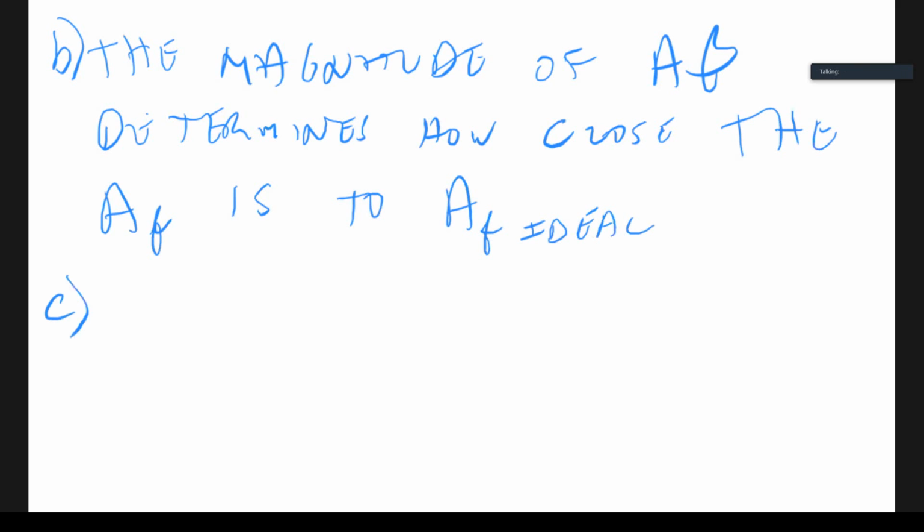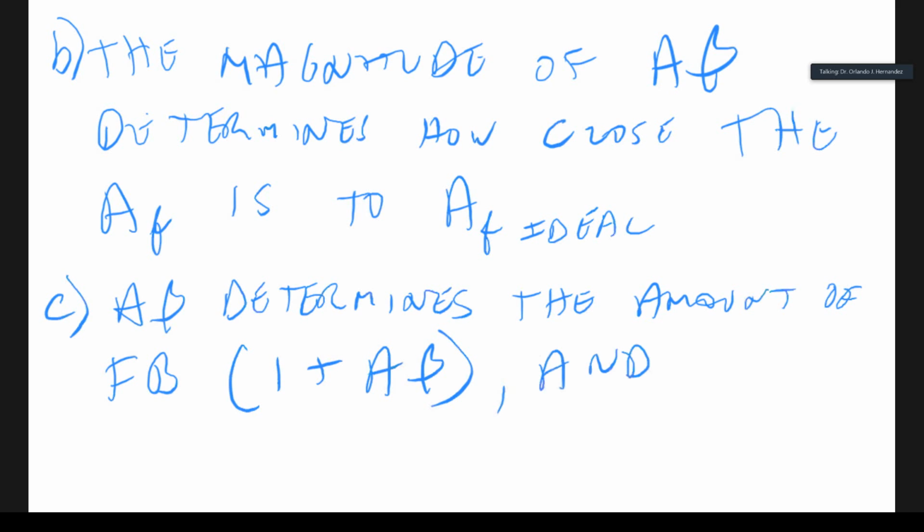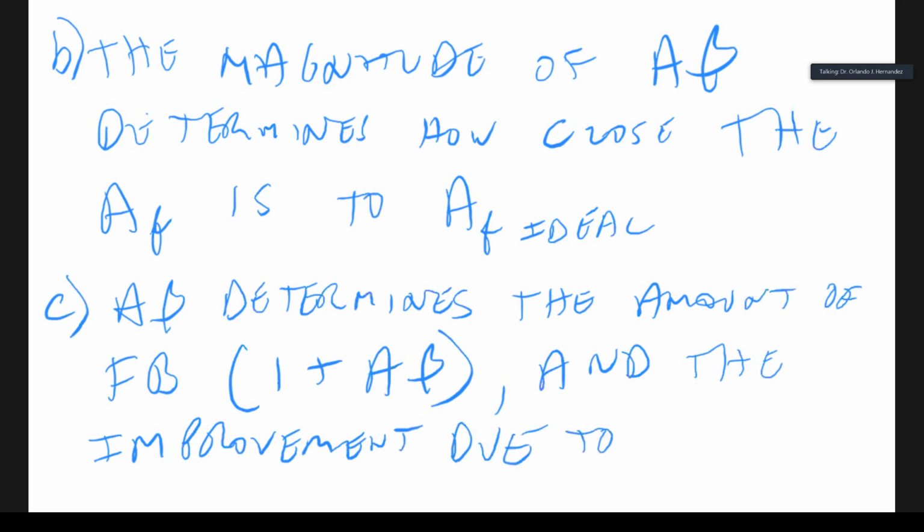Also, the loop gain determines the amount of feedback, which is 1 plus the loop gain, and as we will see, the improvement on certain quantities and characteristics of the system is due to this feedback mechanism.